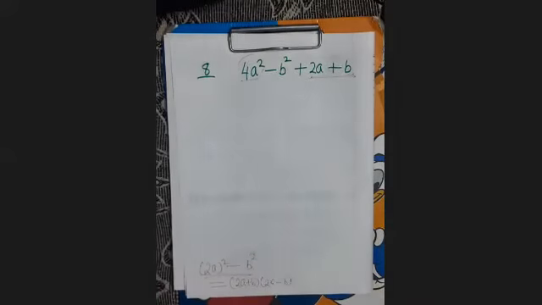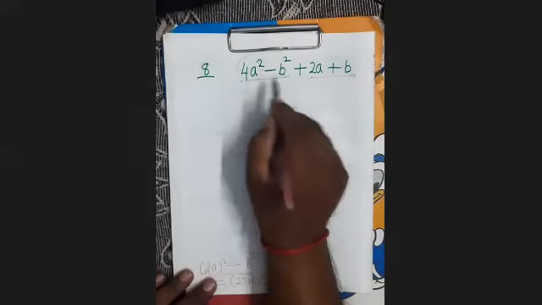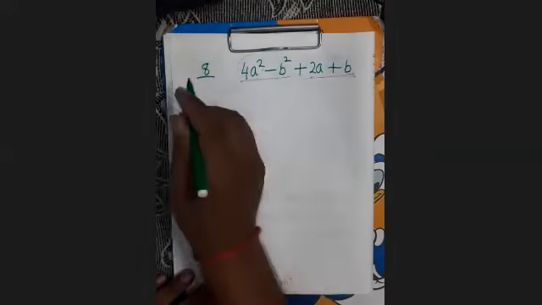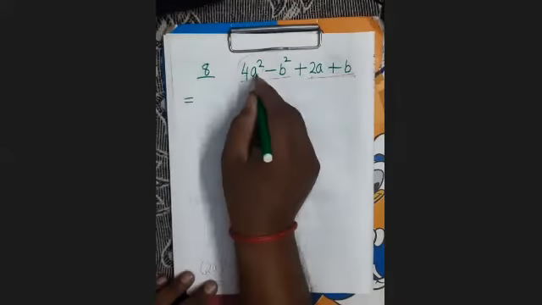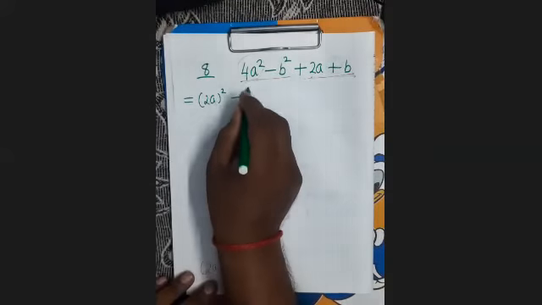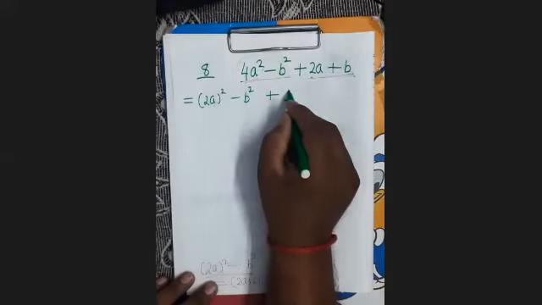And here there is 2a plus b. So we will do the grouping. हम क्या कर लेंगे? Grouping कर लेंगे. आया समझ? एक ग्रुप ये हो गया और एक ग्रुप ये. Now what can you write in the first group? 2a का whole square minus b square. From the second group you take out one common.